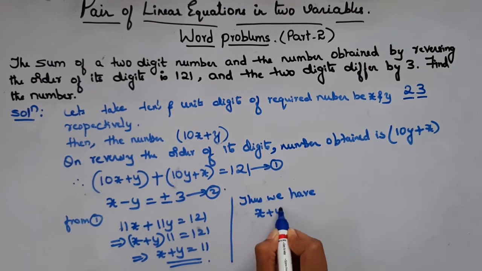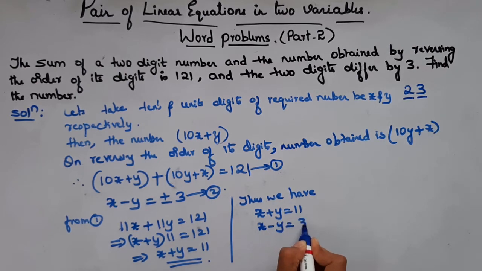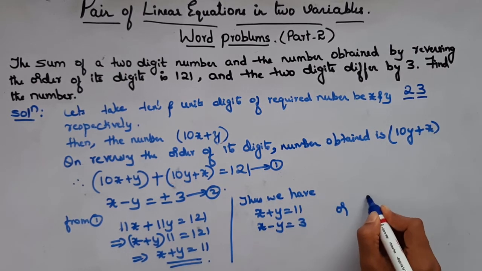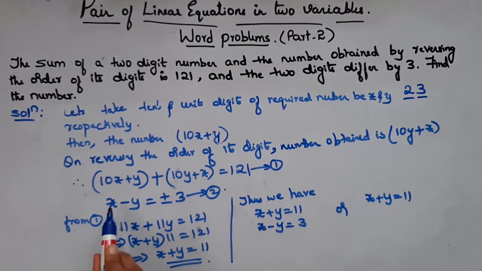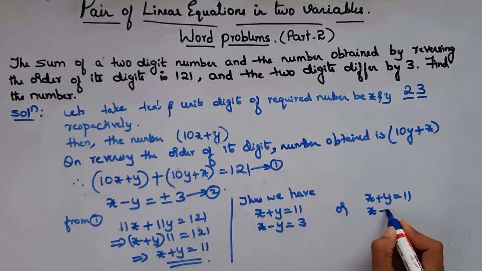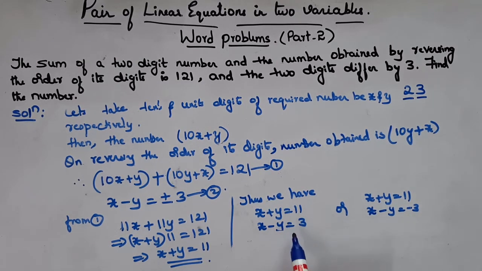Thus, we have x plus y is equal to 11 and x minus y is equal to plus 3, or we have x plus y is equal to 11 and x minus y is equal to minus 3. On solving these two equations, we get x is equal to 7 and y is 4.